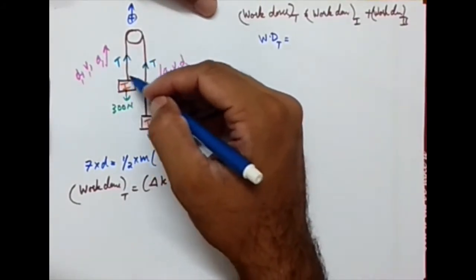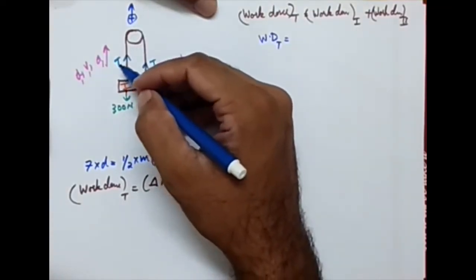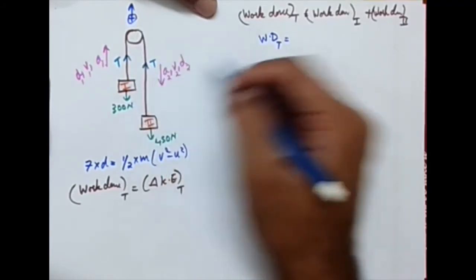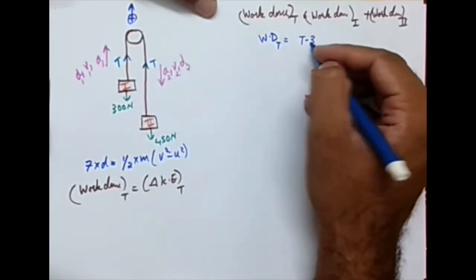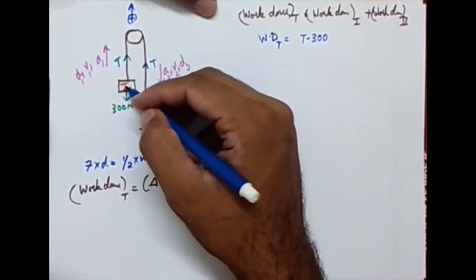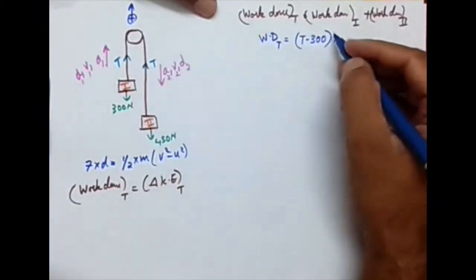For block 1, the net force is T minus 300, right? T is acting upward in the positive direction, 300 downward. So T minus 300 is the net force for object 1, and it has a displacement D1 in the positive direction.